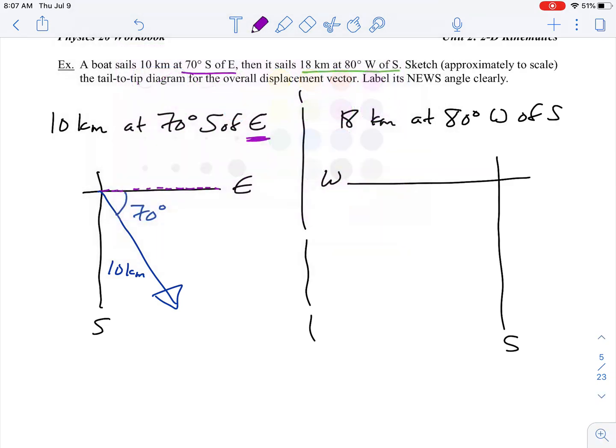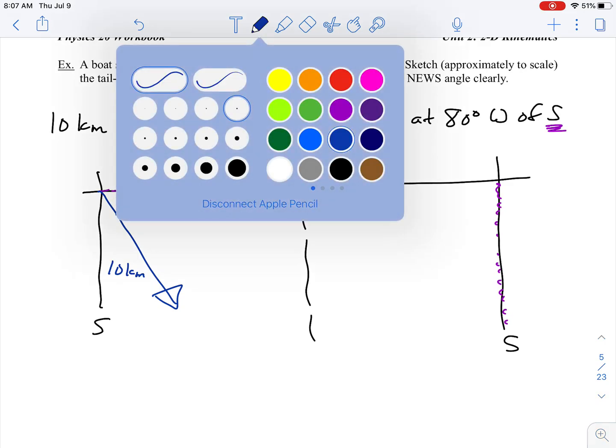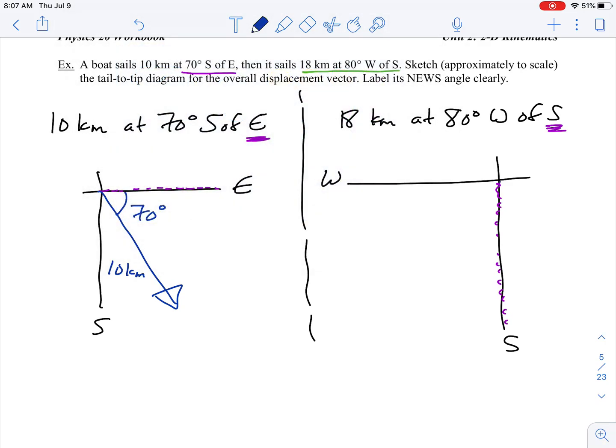And as we did before, kind of highlight the second letter here, which is south, because that's where you start. So I'm just going to highlight that. That's your starting location. Then you're going to go 80 degrees west from there. That's a pretty big angle. So this would be 18 kilometers in length. And this angle right here would be 80 degrees. Okay, so those are our two vectors.